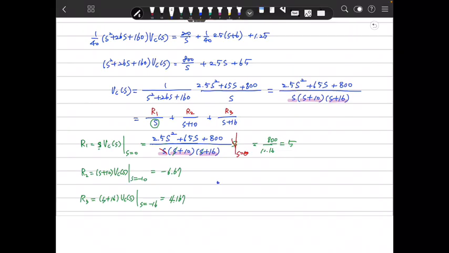Therefore, finally, VCS will be 5 over s minus 6.67 over s plus 10 plus 4.167 over s plus 16. So that's the solution in the Laplace domain.